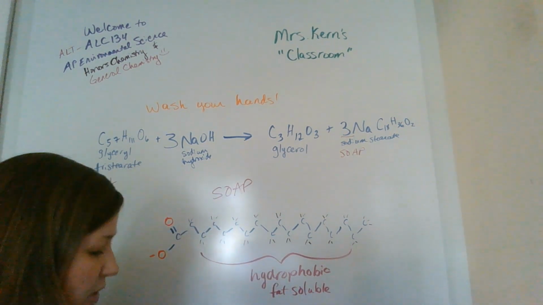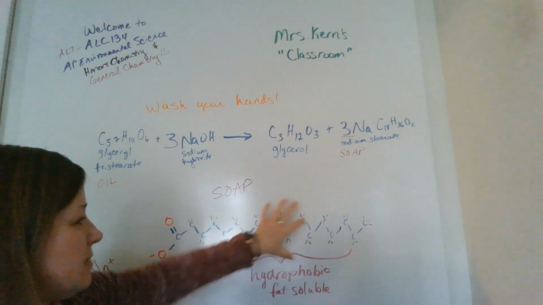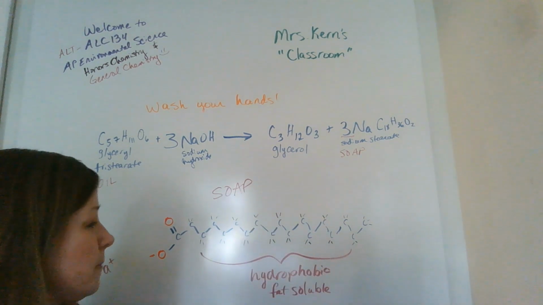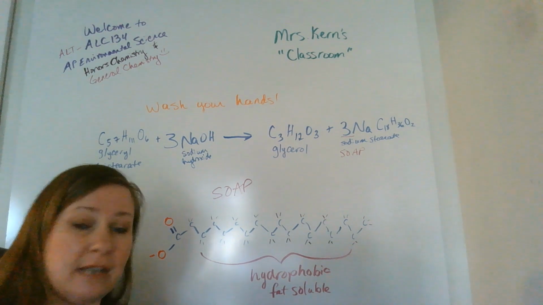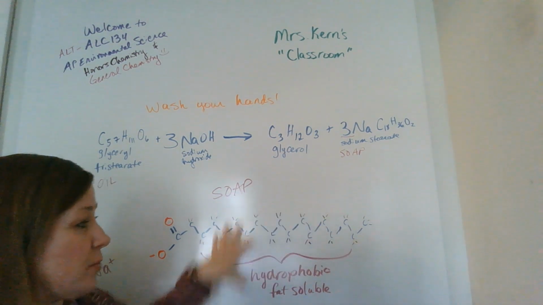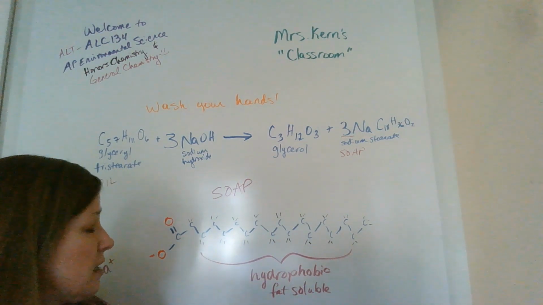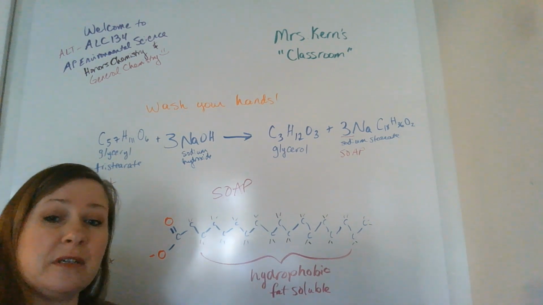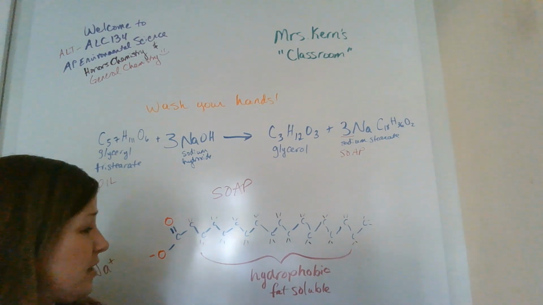Because it's fat-soluble, other things that are fat-soluble will be able to dissolve and be attracted to this end of the molecule. So things like oils that are on your hands will stick to this portion of the soap molecule. Dirt will do the same thing, it's hydrophobic as well. And things like the outer coat of a virus or the cell membrane of a bacteria.